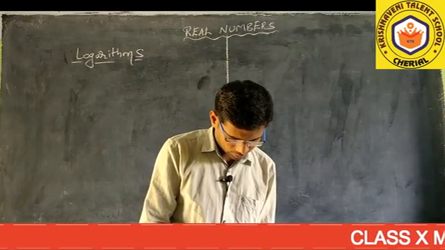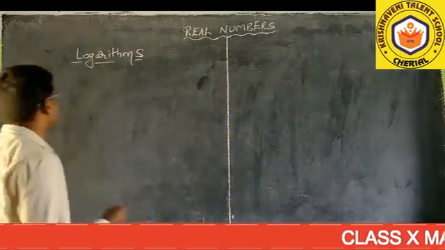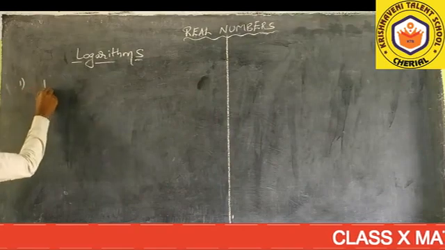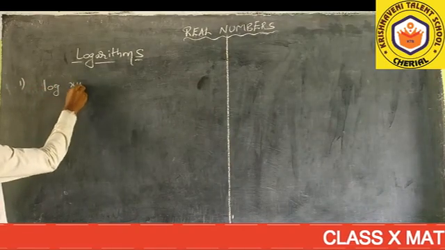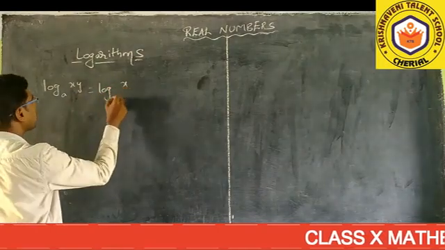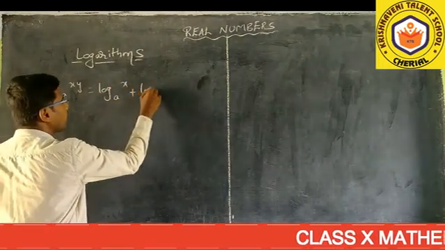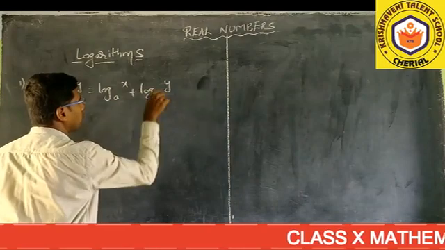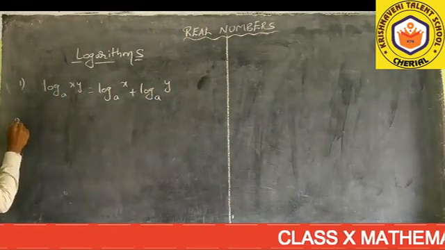In the previous class I explained three laws. What are those? First, log xy to the base a equals log x to the base a plus log y to the base a. This is the first law.